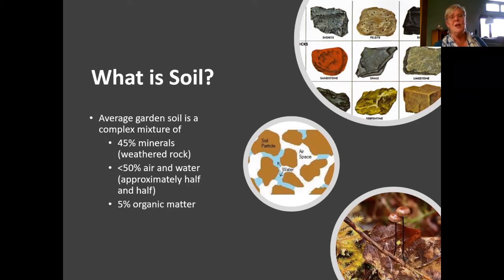Here in the foothills, we're lucky to have somewhere in the order of 1% organic matter in our soils. Part of that is due to how we live and how we manage our landscapes. Out in the undisturbed areas, the oak woodlands, the forests, you'll generally find a thicker layer of organic matter there.